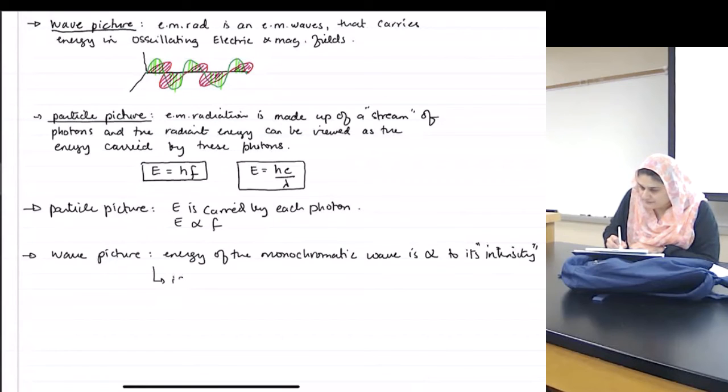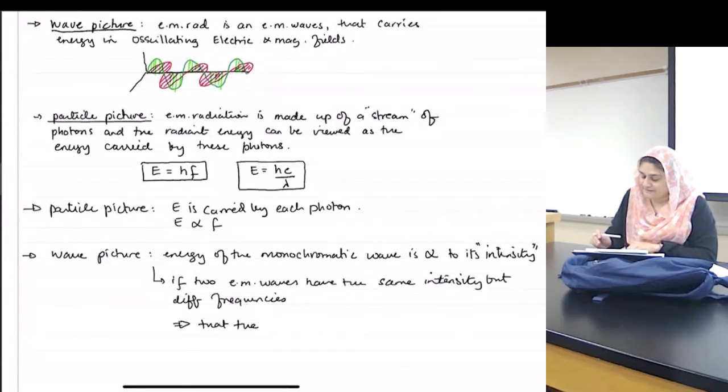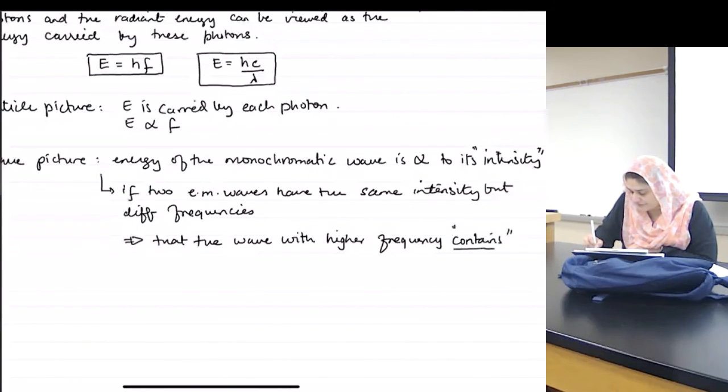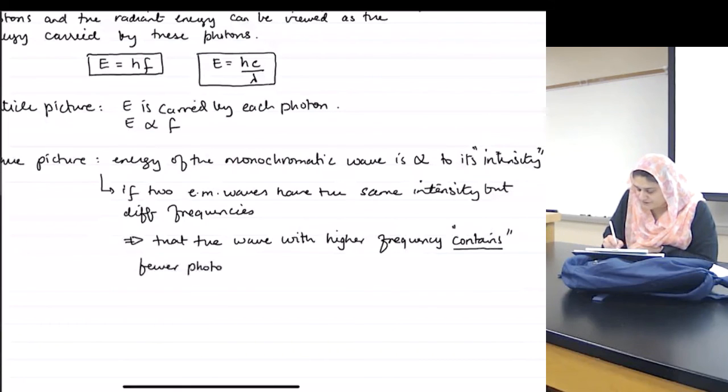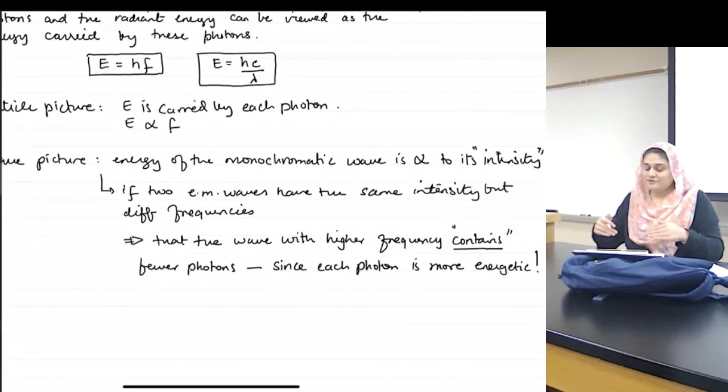So if two electromagnetic waves have the same intensity but different frequencies, that implies that the wave with higher frequency contains fewer photons, since each photon is more energetic.